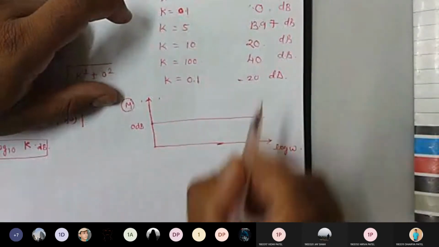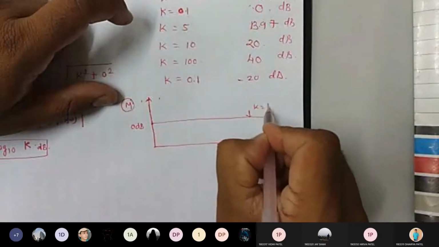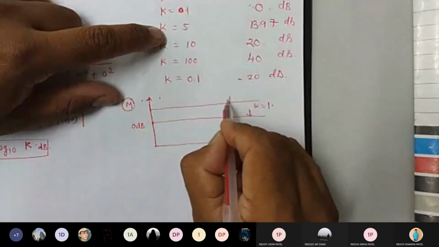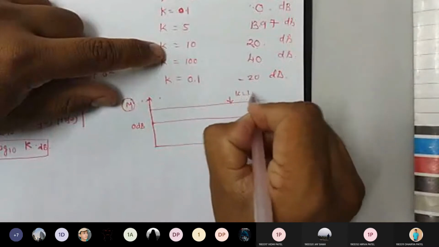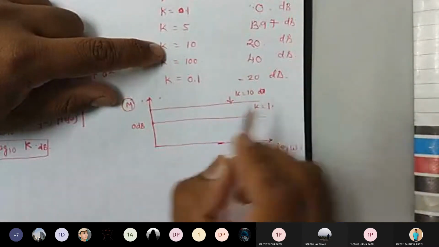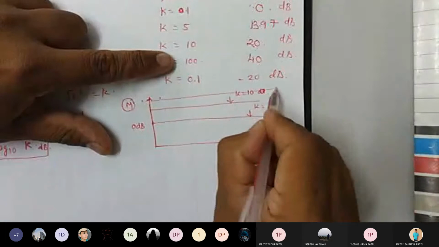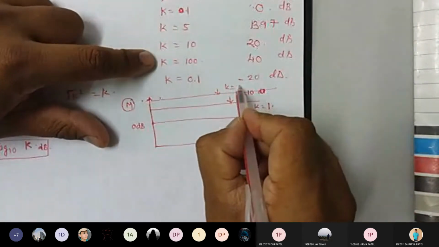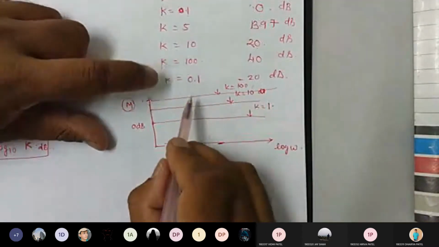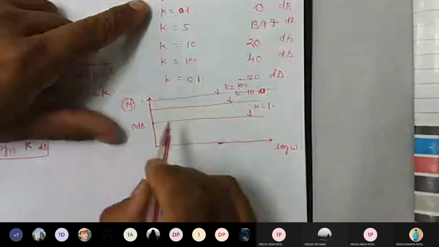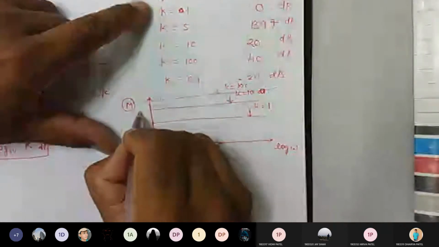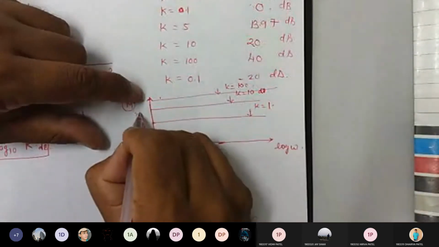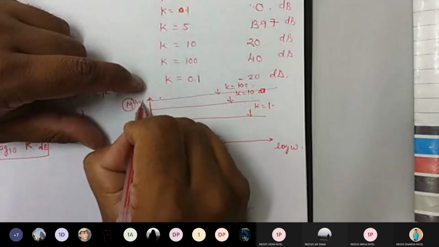When K is equal to 1, it is 0 dB. For K equal to 10, it is 20 dB. For K equal to 100, it is 40 dB.